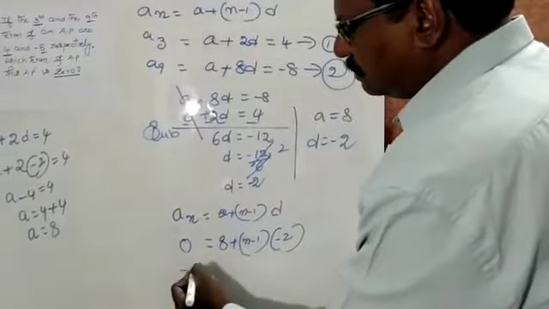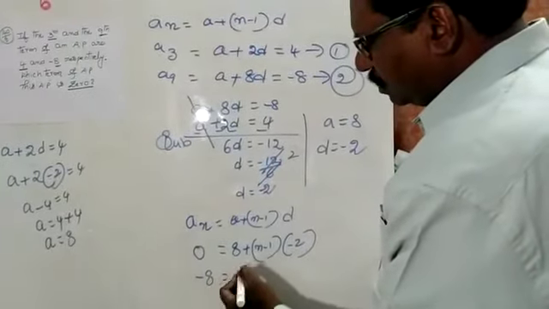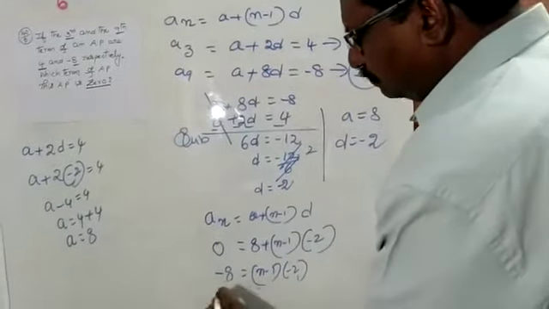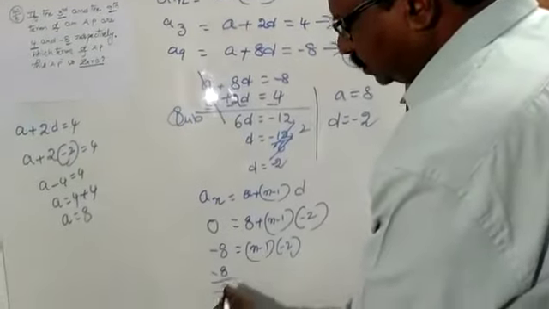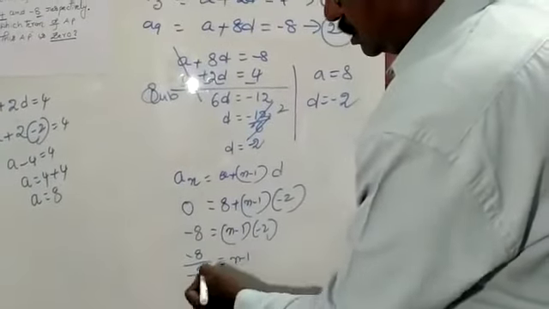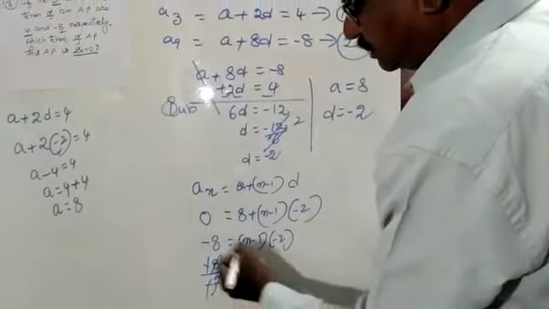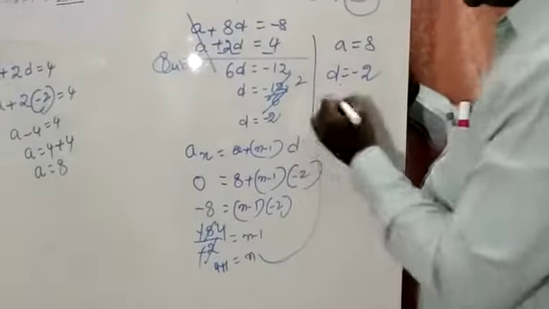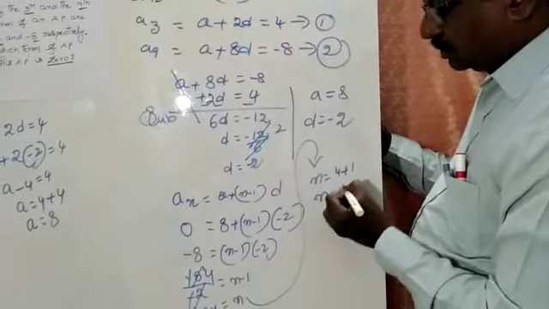Taking to the other side, minus 8 divided by minus 2 is equal to n minus 1. Minus and minus cancel, and 2 is cancelled 4 times. Minus 1 goes to the left side and becomes plus 1, that is equal to n. So n is equal to 4 plus 1, n is equal to 5.